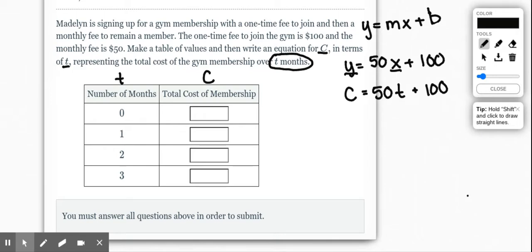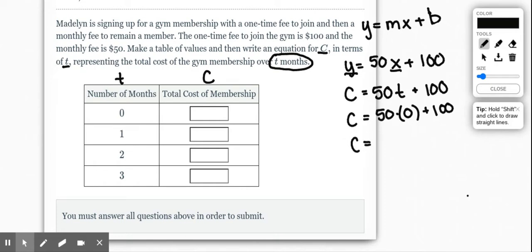Okay, so once I have that, I am ready to fill in the table. We're going to use that equation later on and we'll have to enter it. But in our table, it says in 0 months, how much is the membership going to cost? So the T is 0. We'll go back to our equation. Total cost equals $50 times 0 plus 100.